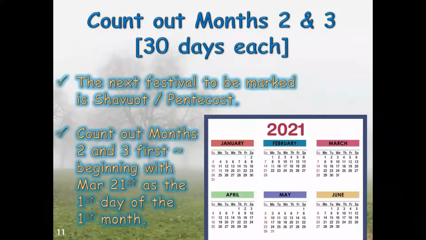Okay, if everybody's in agreement, we've got the first day of the third month is on what date of the Roman calendar? Somebody tell me. May the 20th. I have the 21st. No, Stacy, we're counting out the first day of the third month.